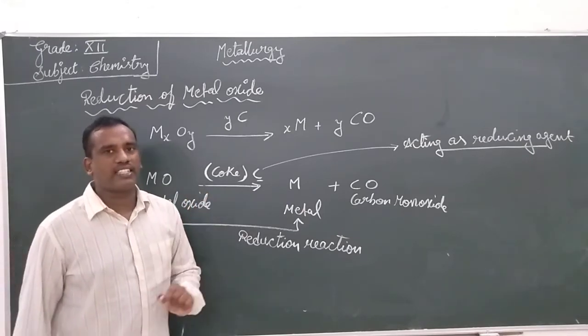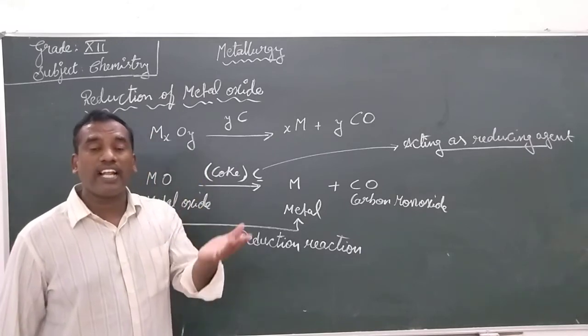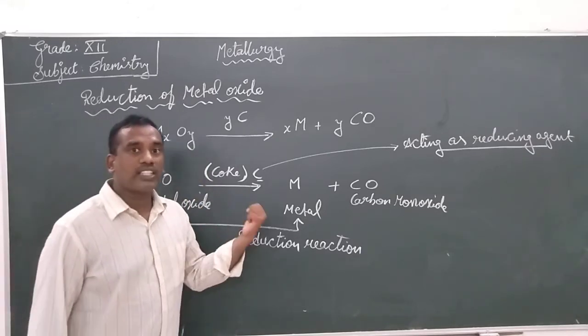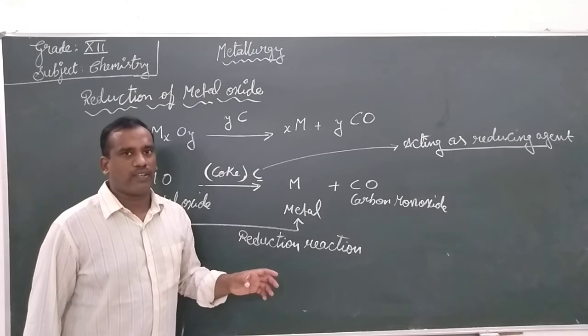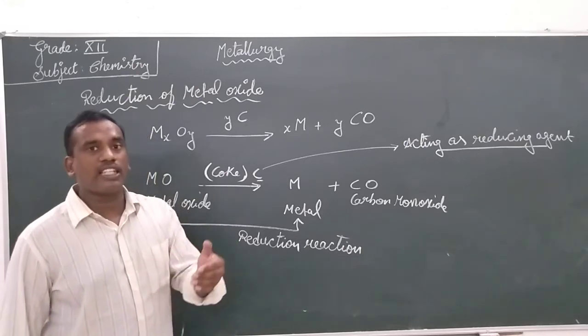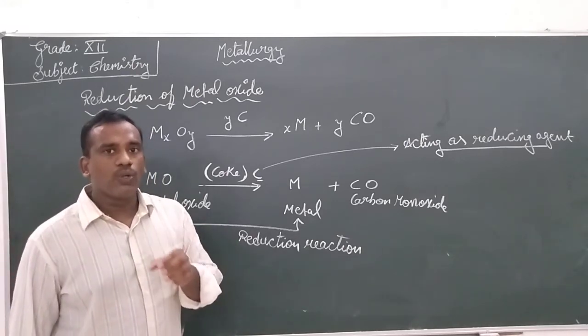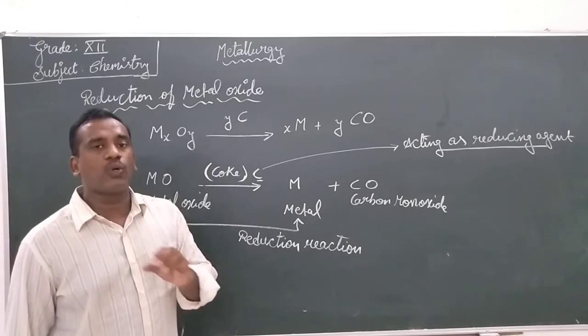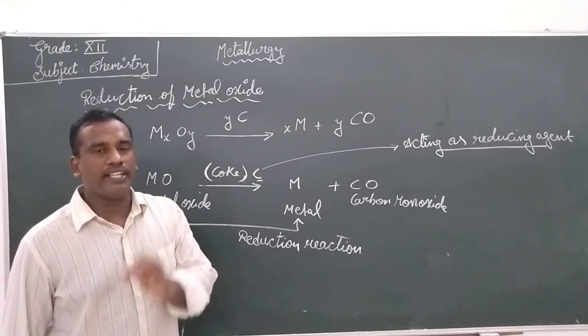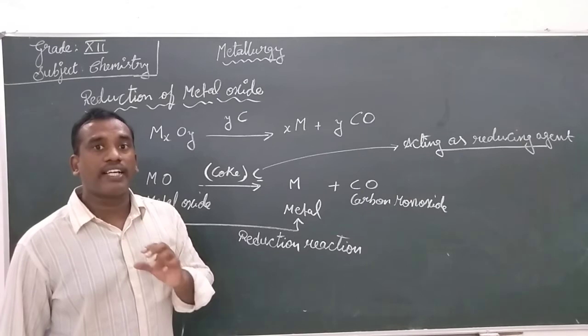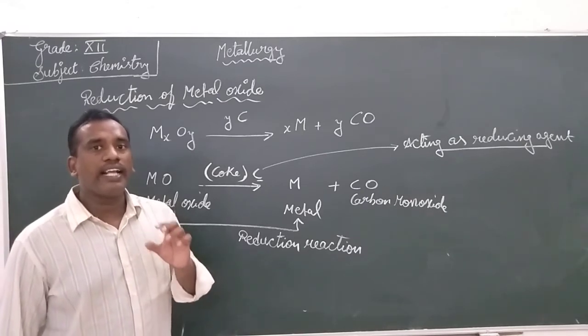In that place, we may use another metal to reduce the metal oxide. These concepts of using a particular reducing reagent will be discussed in the next video under the heading Ellingham diagram.